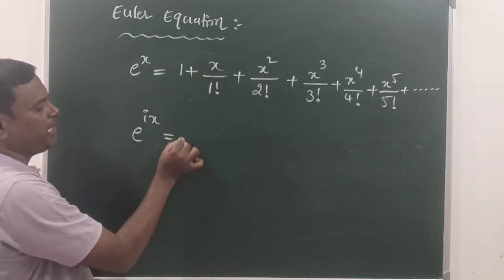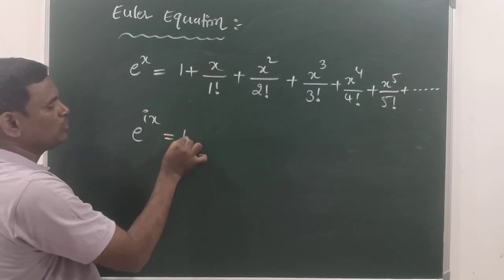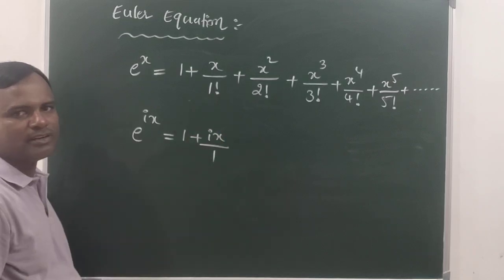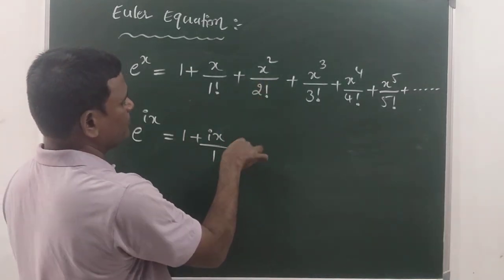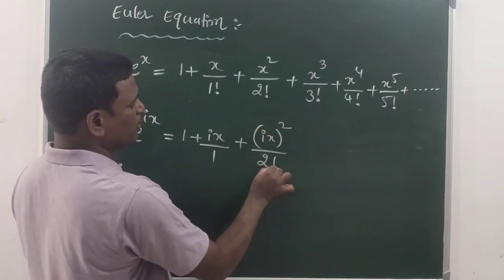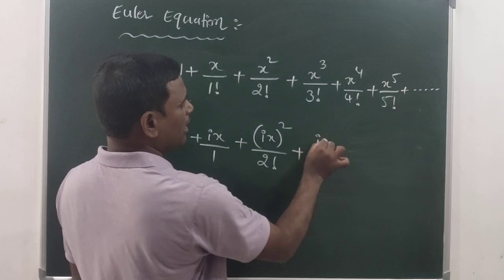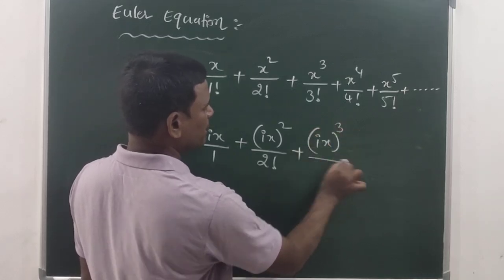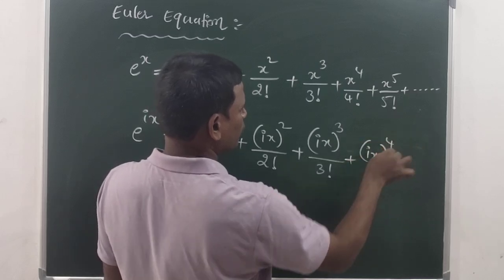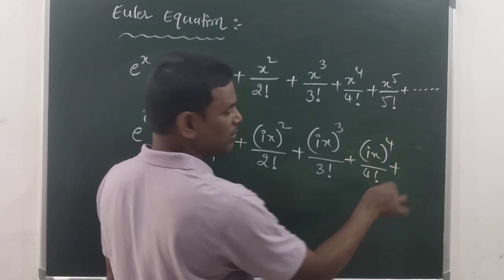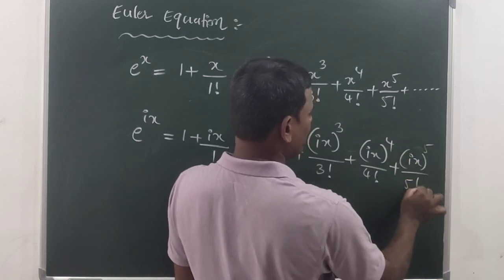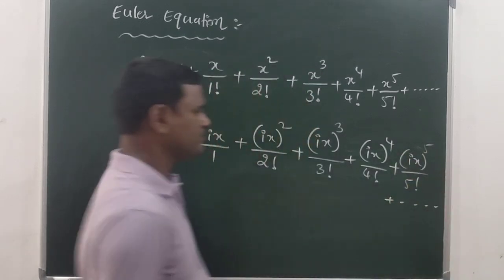If you replace x by ix, then it is going to be 1 plus ix by 1 factorial, which becomes 1. Now go here. If you write here ix whole square by 2 factorial plus ix whole cube by 3 factorial plus ix whole power 4 by 4 factorial plus ix whole power 5 by 5 factorial and so on.